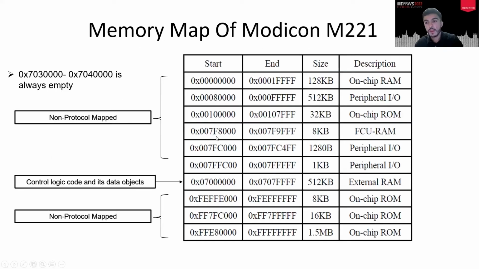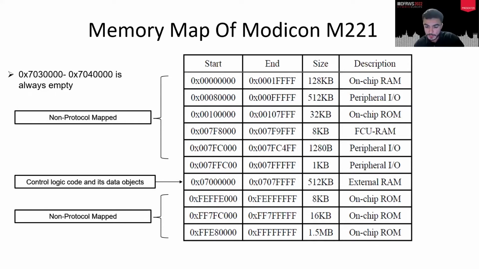So this is the PLC we worked on, which is the Modicon M221. This is just a memory map of the PLC. This is what the storage looks like inside the chip.